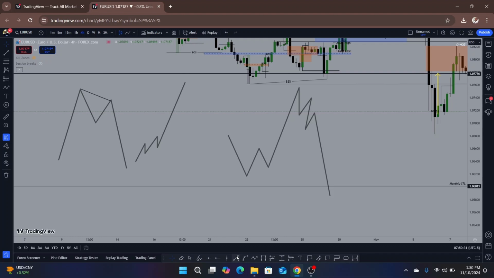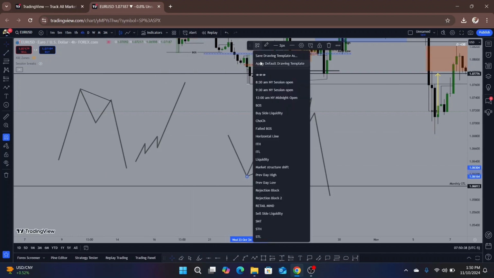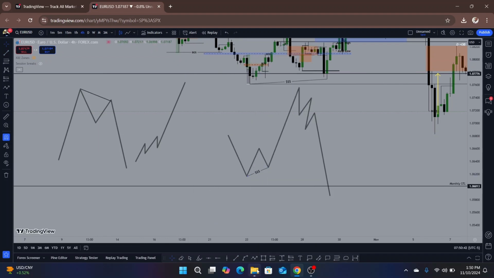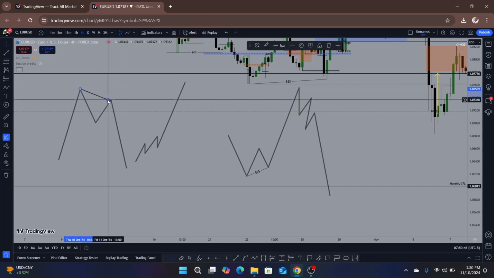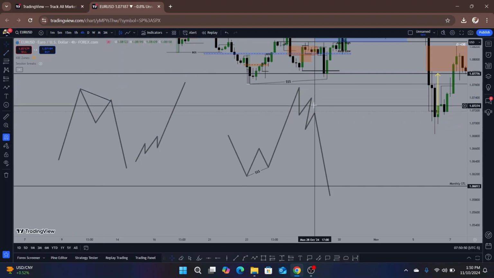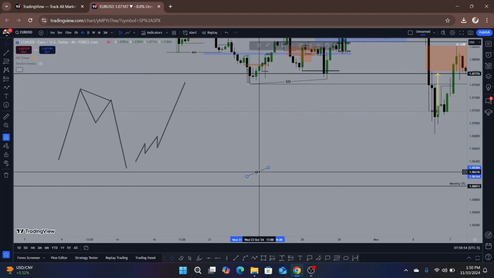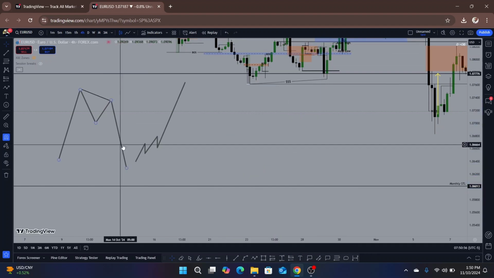So we're having this liquidity right here, and we have this liquidity down there, and we're also having this liquidity up here, right? So having this understanding in mind, let's dive into the charts and see how we're going to see opportunity to take this move like I did.